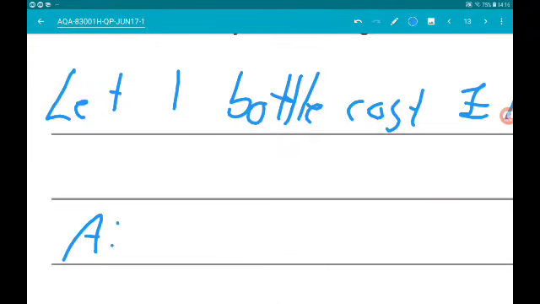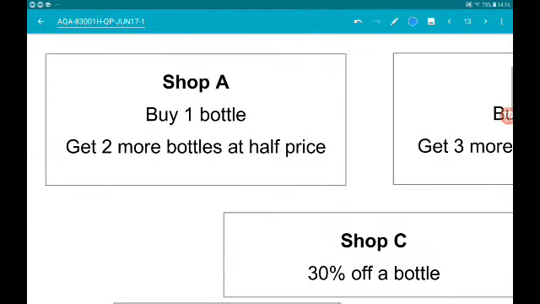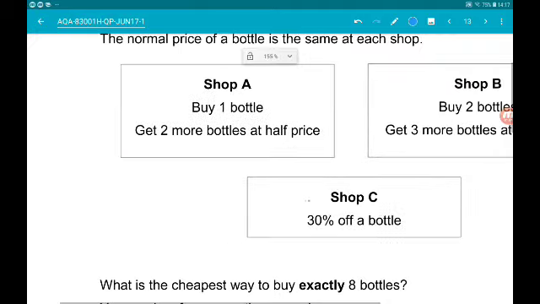Then, let's analyse all of the offers. So, at shop A, we can buy 1 bottle at normal price, and then we can get 2 more bottles for half price each. So that means we're going to get 3 bottles for £2.